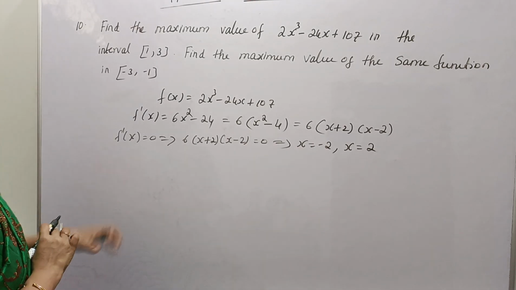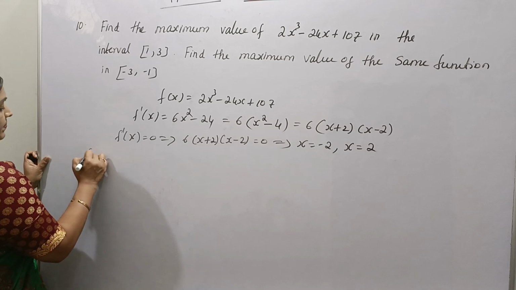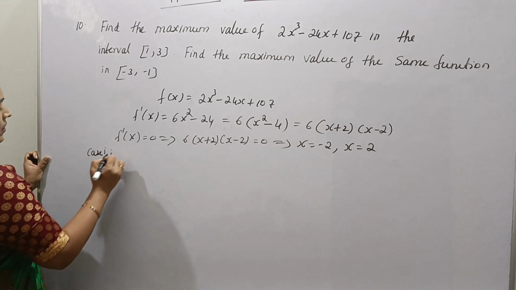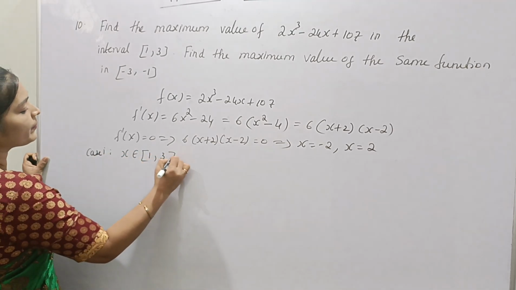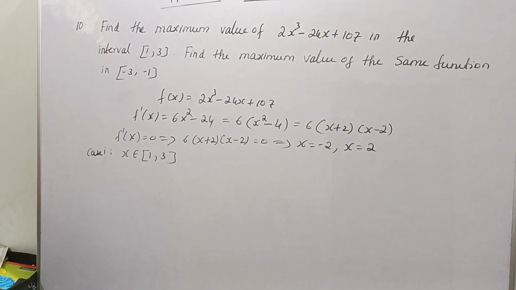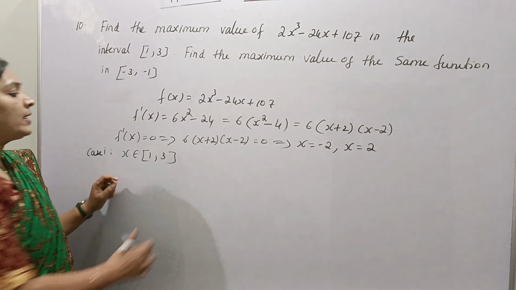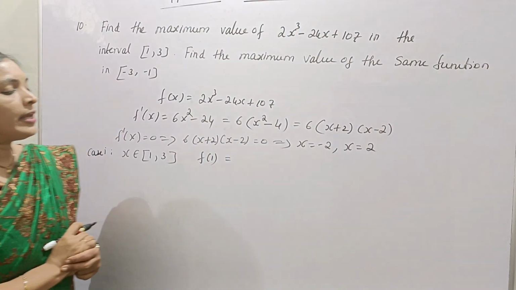So here, first interval, case 1. Here the interval is x belongs to 1 to 3. Here the least value of x is 1 and the maximum value of x is 3, right? So let's find f of 1.